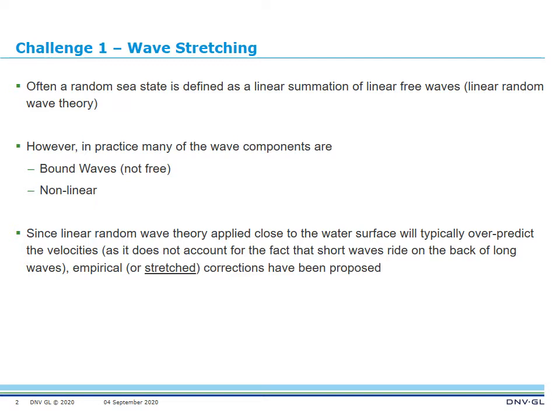And then if we use this in Morrison's equation, for example, to predict loads, then we can similarly overpredict the loads. So to avoid having this problem, stretched waves solutions have been proposed.